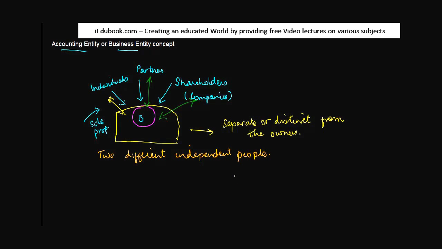The reason is that, whenever you are doing accounting for a business, you can't mix the personal affairs of the stakeholders into the business.